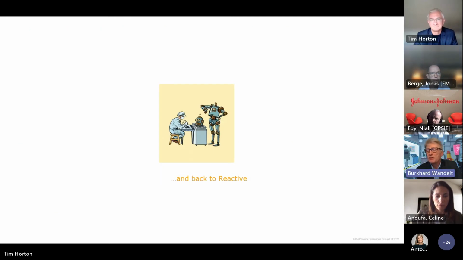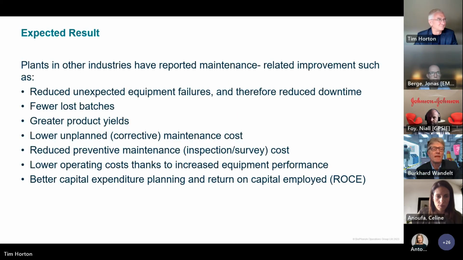Yes, and if it's not to repair our robot, who then needs to be repaired, mostly in urgent maintenance mode by a human. Next slide, please. So what can we expect now? What is the upside of all of this? High level, we can say we have reduced unexpected equipment failures, reduced downtime.